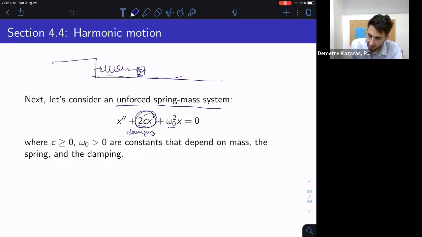some damping force. Say you could imagine one side of the weight is attached to the spring. You could consider the other side attached to what are these things called? Dashpot.